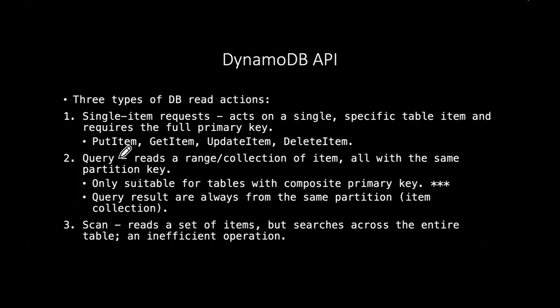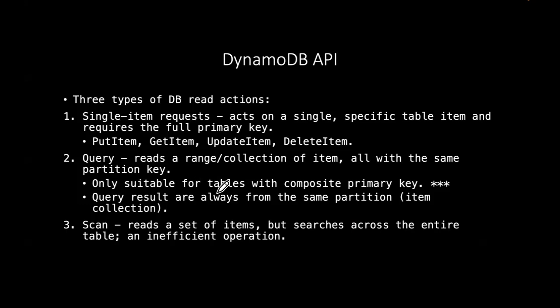It's only suitable for tables with composite keys. That's all right. I've made that point. Query results are always from the same partition. If you think about it, that is going to be the case. Your results are not going to come from across multiple partitions of your table.